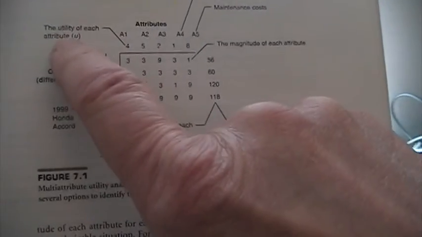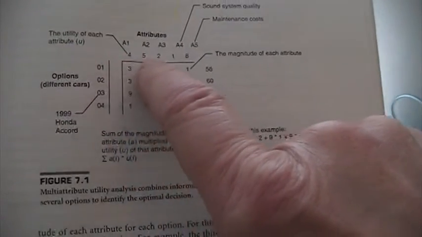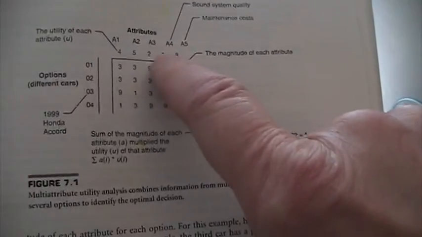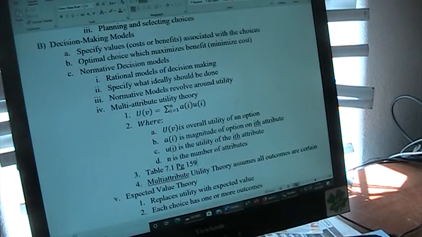You'll notice this says it's a Honda Accord '03, and we have the amount of utility for each attribute, and the attributes are things like sound system quality, maintenance costs, and how big that attribute is for each of the given choices.